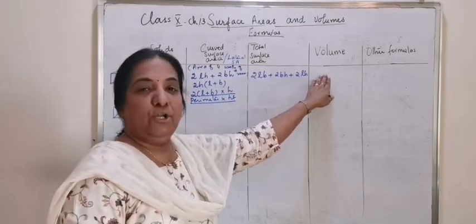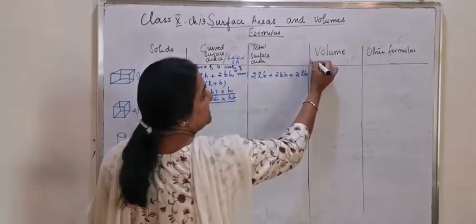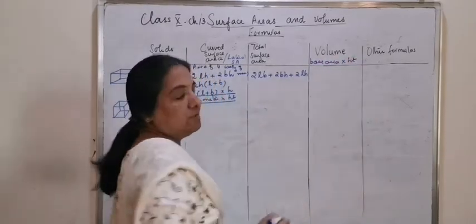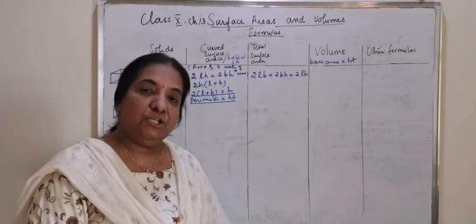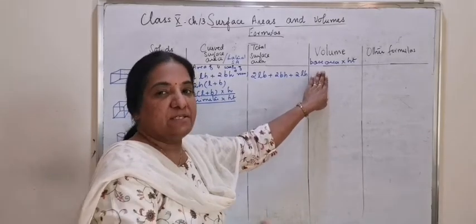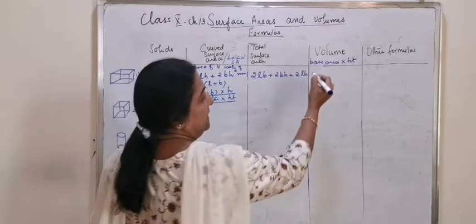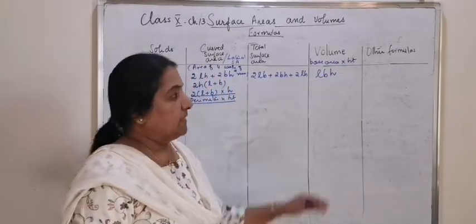Now, the volume. The volume of any solid is base area into height. The volume of any solid can be considered as the area of the base into the height. So, the base of a cuboid is a rectangle, and the area of a rectangle is LB, into height.